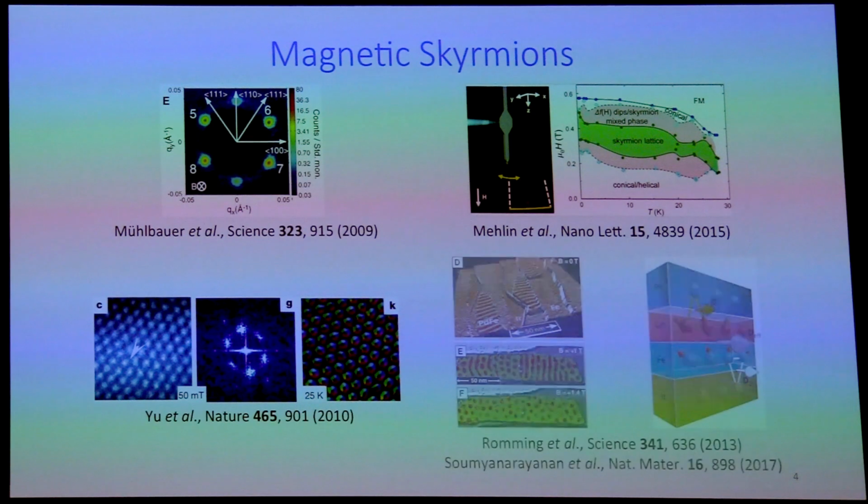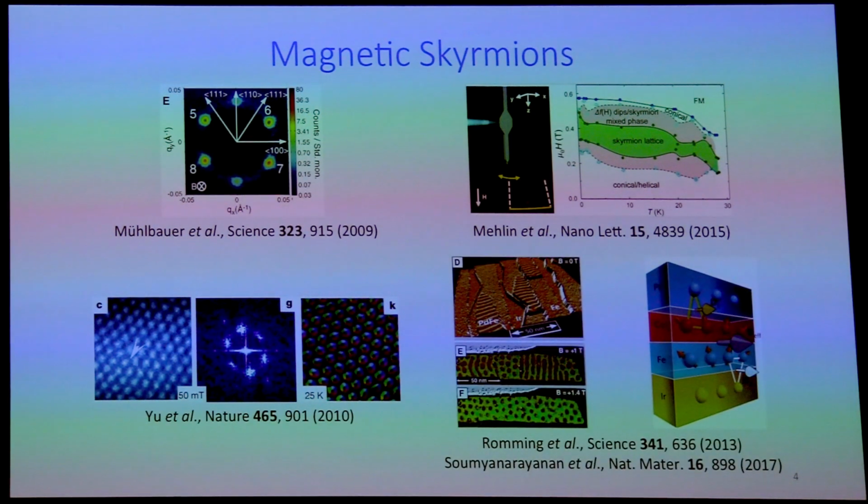And finally, they were also observed in ferromagnetic ultra-thin films using spin-polarized scanning tunneling microscopy. For those 4 cases, really low temperatures were required. However, fairly recently, magnetic multilayers have been shown to host skyrmions even at room temperature.